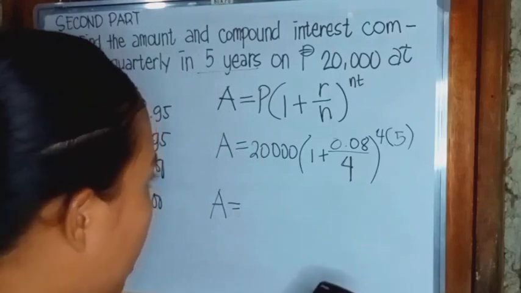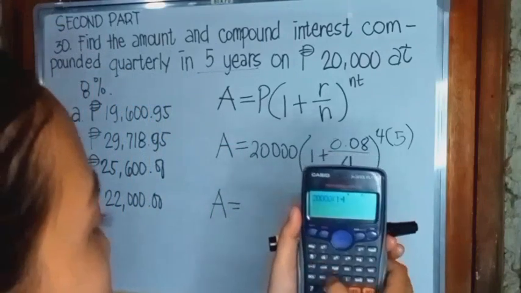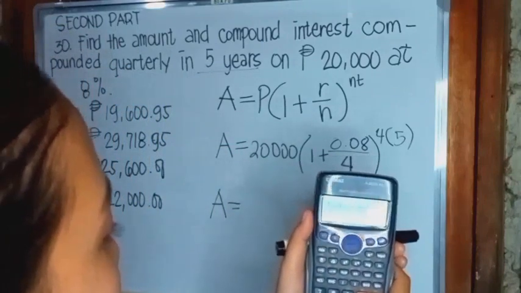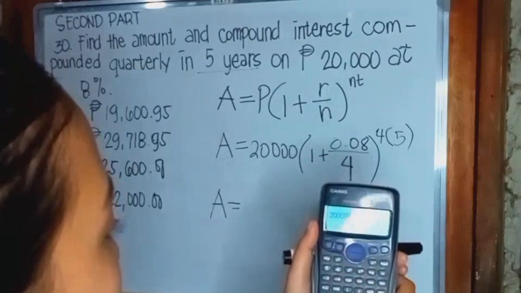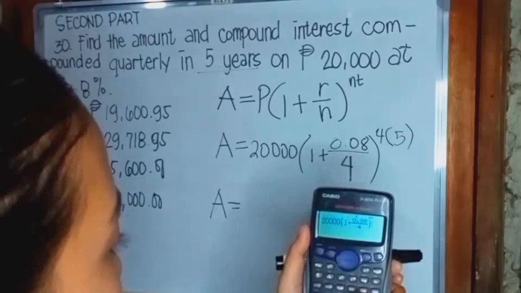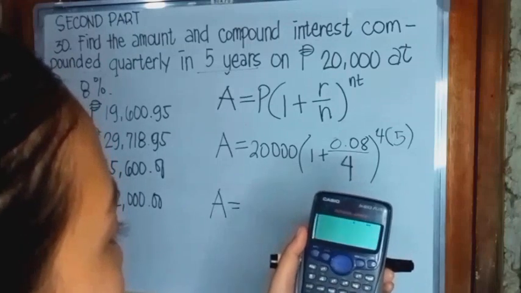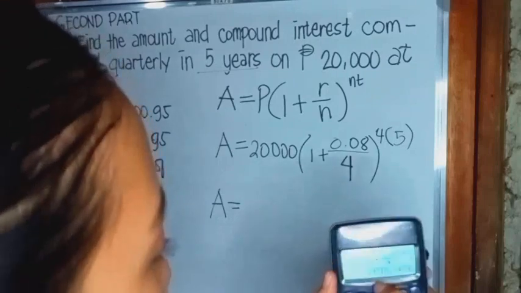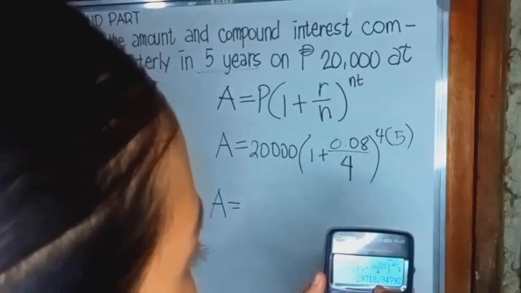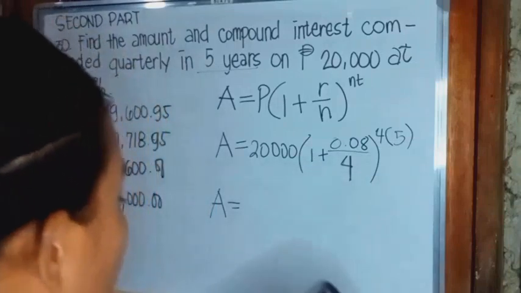20,000 times 1 plus 0.08 over 4 raised to nt, or 4 times 5. The answer is 29,718.94792.